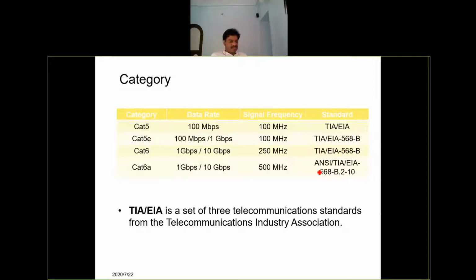The signal frequency with which these UTP cables are operated is almost 250 megahertz to 500 megahertz for category 6 and category 6A cable. The meaning is that high bandwidth is offered by this type of cables. As the operating frequency goes on increasing, the bandwidth supported by the UTP cables goes on increasing.